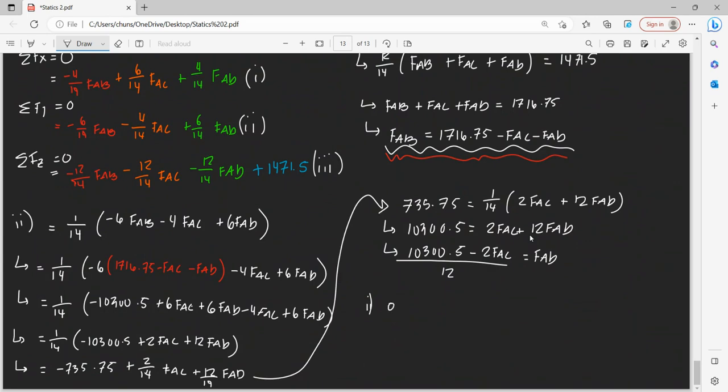Okay, so this is 0 equals negative 4 FAB plus 6 FAC plus 4 FAD. And this is going to let us solve for FAC first, I believe.